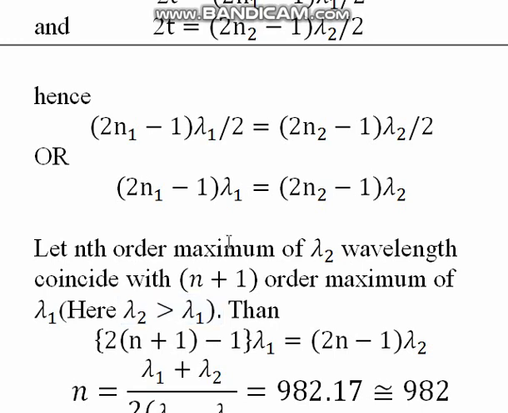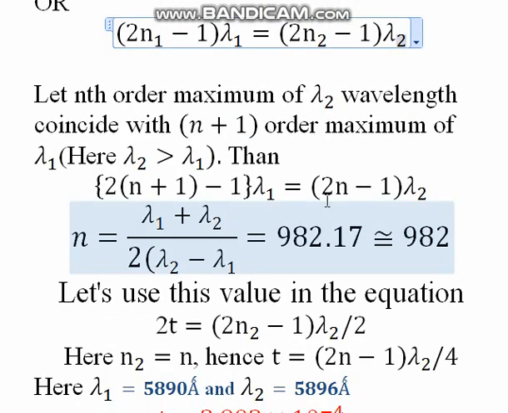That's why we consider the nth order maximum of lambda 2 with the n plus 1 maximum of lambda 1. So for lambda 1, n1 is equal to n plus 1, and for lambda 2, n2 is equal to n. Let's put the values and solve this equation for n.